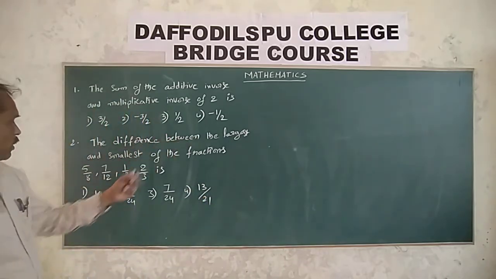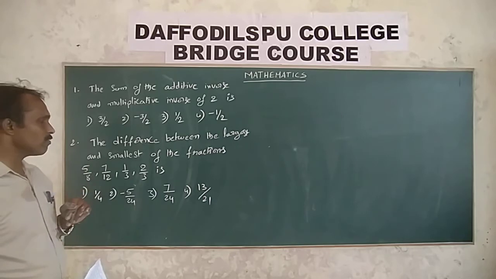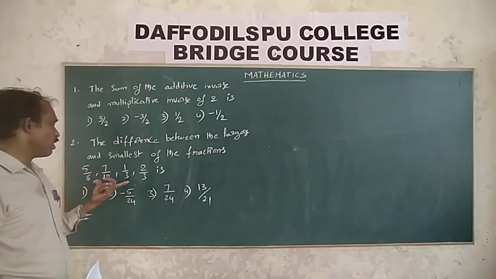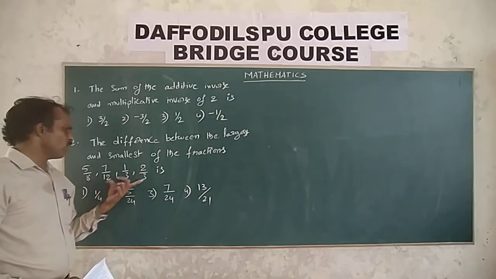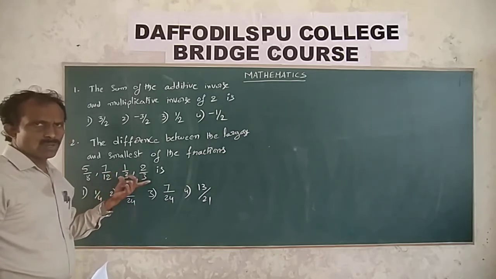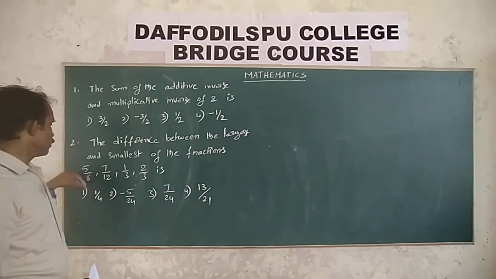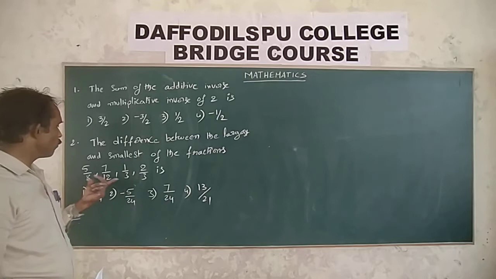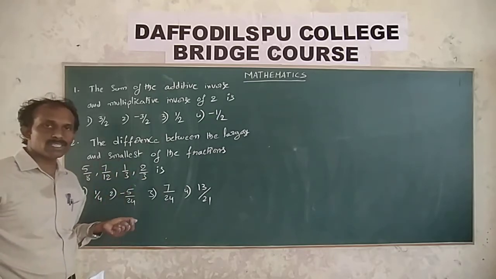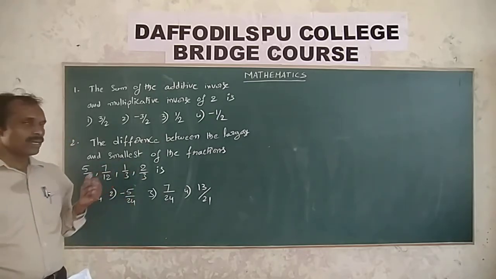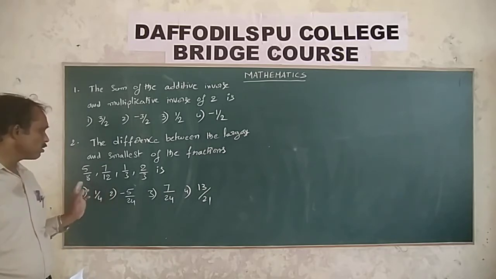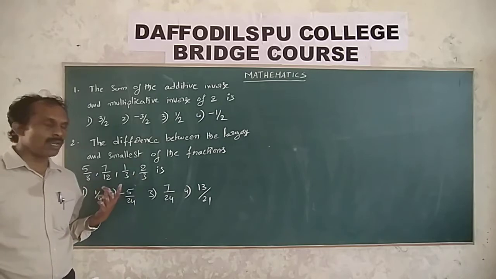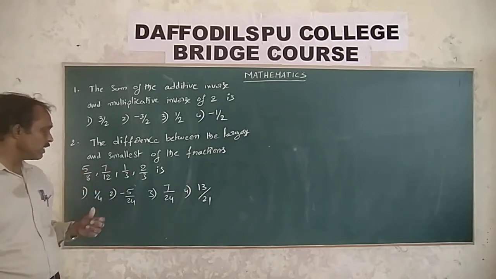So the difference between the largest and the smallest of the fractions. First of all, find what is the largest number and what is the smallest number, by the LCM method or any method you can do. One better method is to use the LCM to make the denominators equal, then you will get the answer easily.